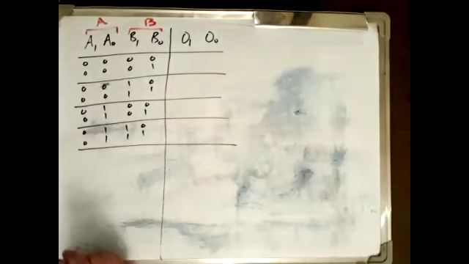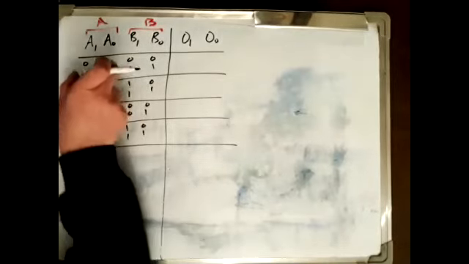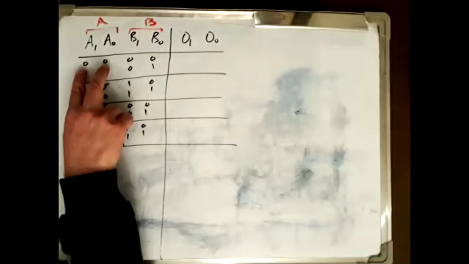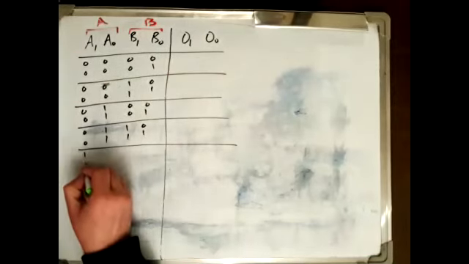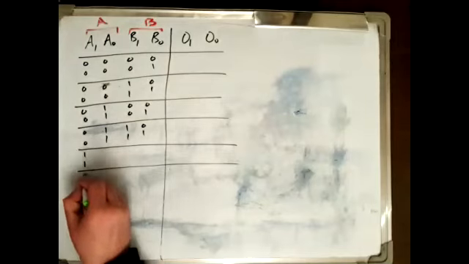Usually you need to list all the combinations, keeping in mind that these 2 bits represent A and these 2 bits represent B. We have 1 1 to make sure it will fit.